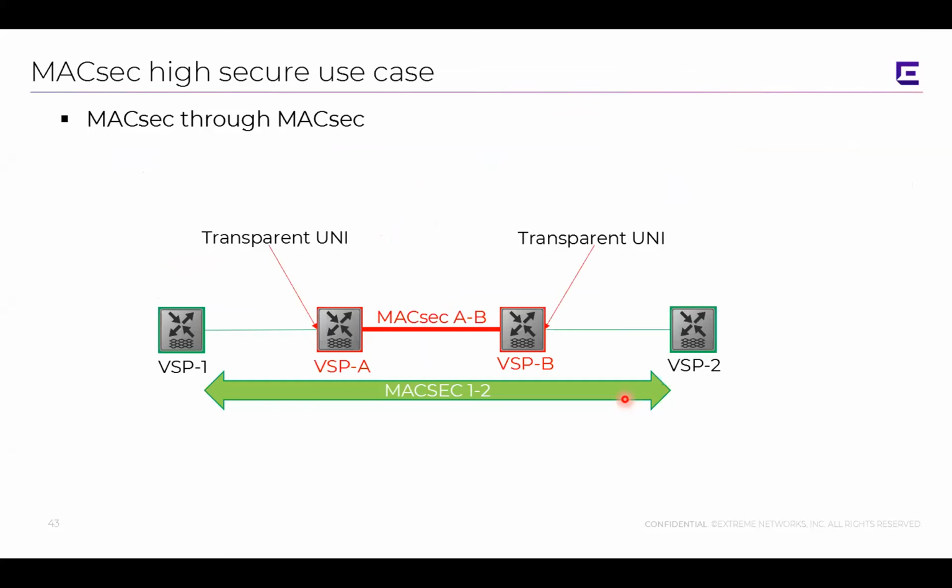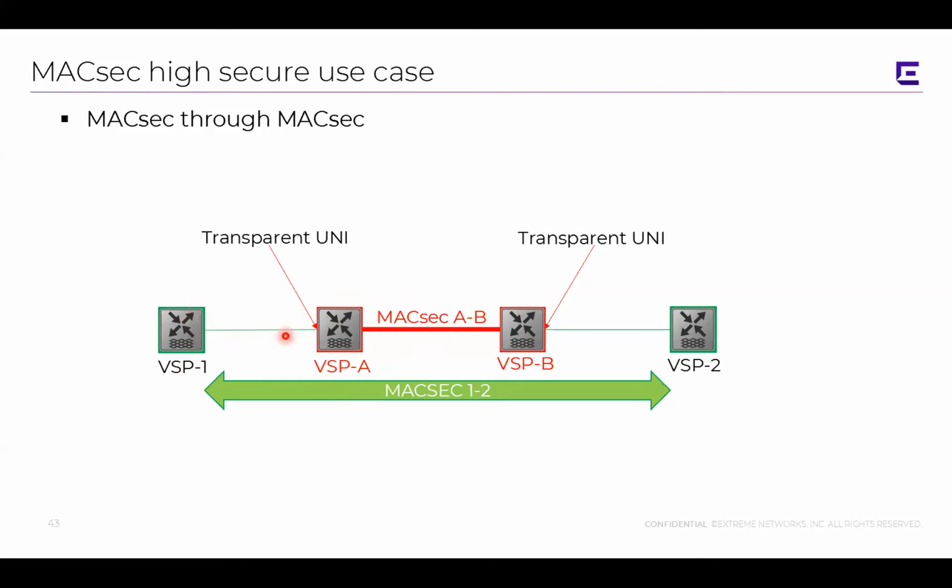So this is an even more sophisticated thing you can achieve with the fabric itself. Here in this case, you have two VSPs, VSP A and B, and you have the MACsec between A and B, which is the red one. For example, this is the organization XYZ. And you have a different organization here, like the green one. The green organization has the connection through the red organization, but they need to be secure.